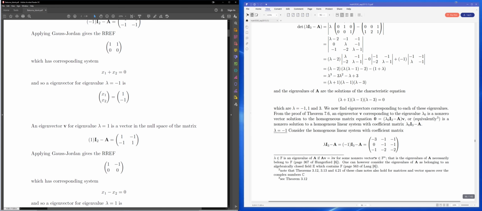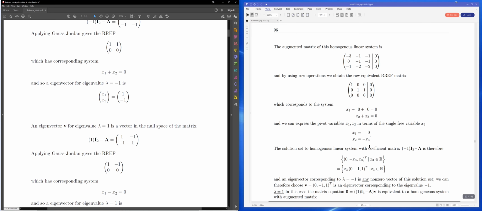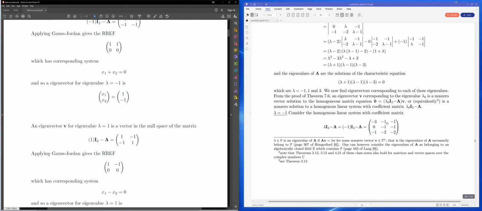To get the null space of this matrix, you apply Gauss-Jordan to it. In this work, I actually put the zeros in because, remember, by getting the null space, you're looking for non-zero vectors in a matrix equation and associated linear homogeneous system.